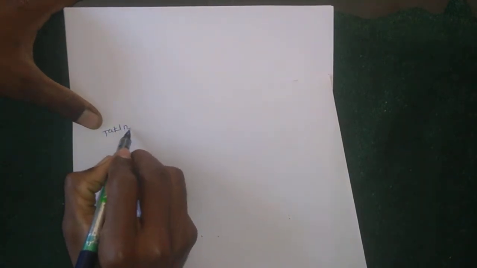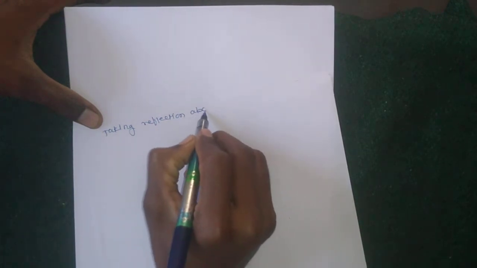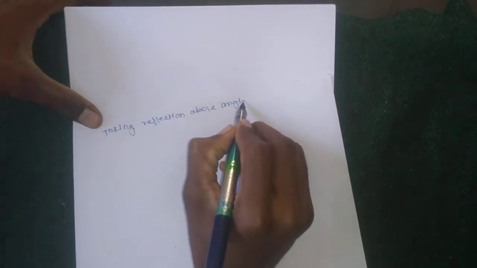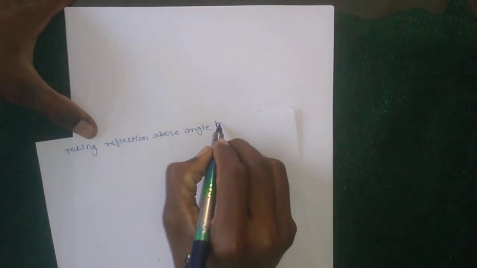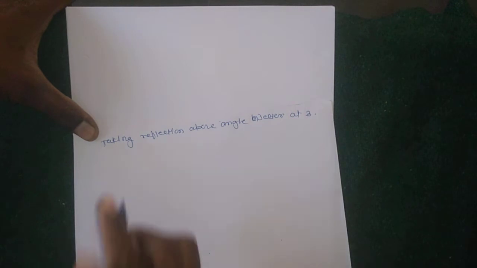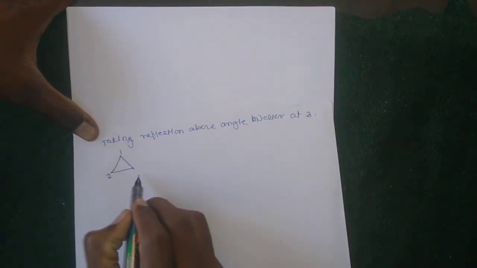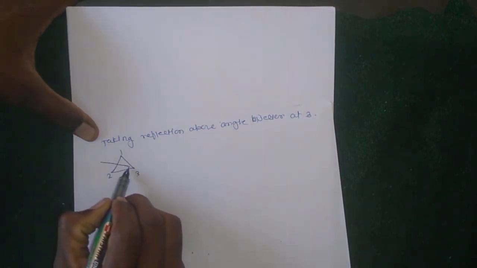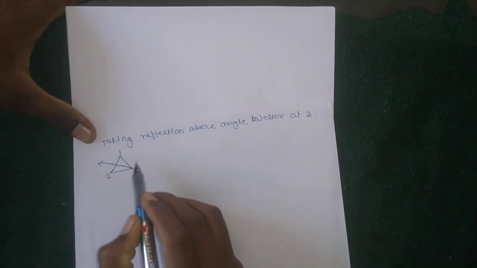Taking reflection above the angle bisector at 3, if bisecting our triangle at 3, then 1 2 3 only changes the position of 1 and 2.